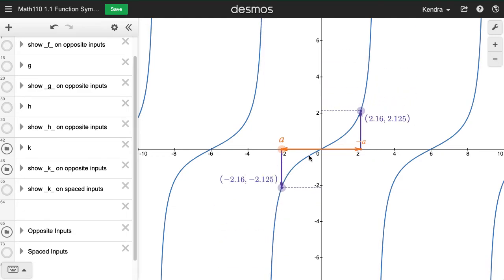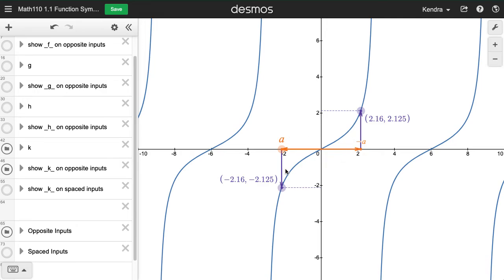In addition to the fact that if you go to the left and down, that means you can also go equal distances to the right and up, right? That actually gives a sort of rotational symmetry. We talk about it as being symmetry through the origin or symmetry about the origin.